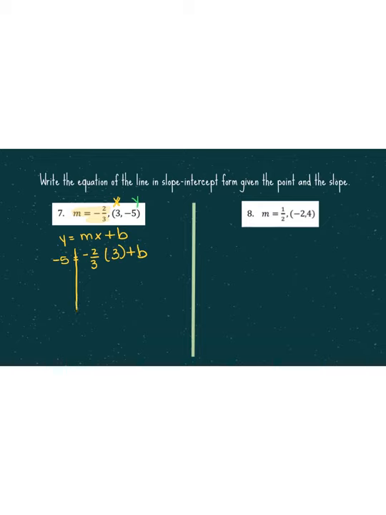Okay, and now we have to solve that. We want to get b all by itself. Well, to get b all by itself, first we have to distribute this negative 2/3 to that 3. Well, remember, negative 2/3 is kind of like negative 2 divided by 3. And to cancel a divide by 3, we multiply by 3. Notice you have a 3 right here that you're multiplying by. So that's kind of canceling both of those 3's out.